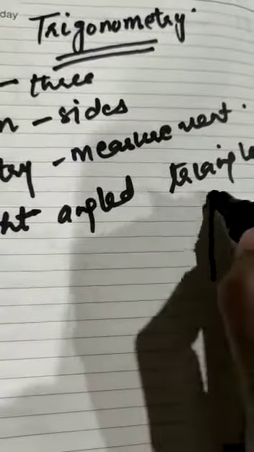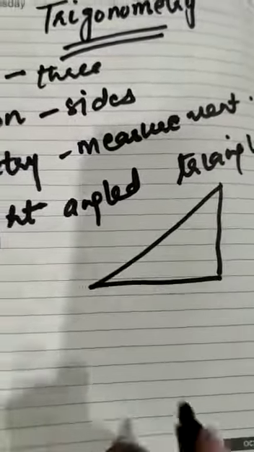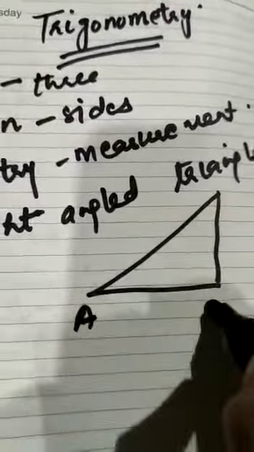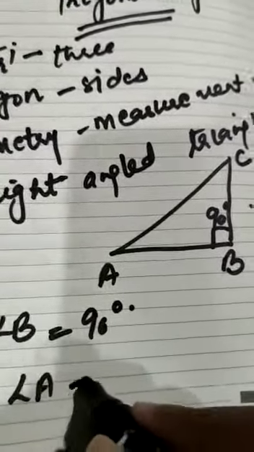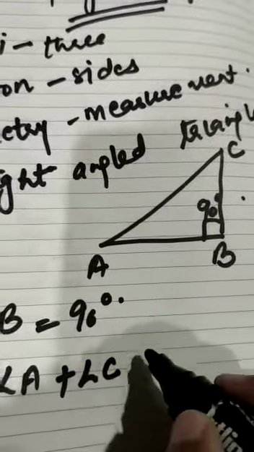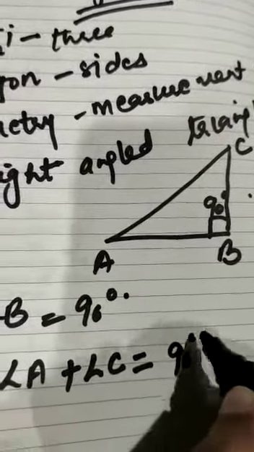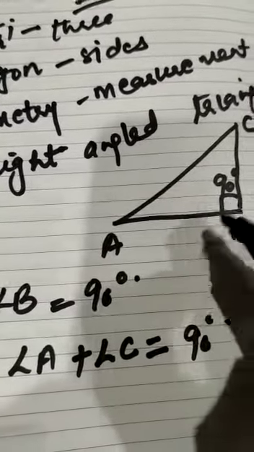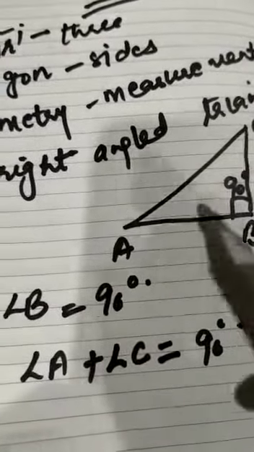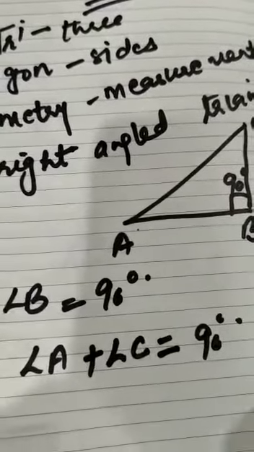Suppose you have been given this right angled triangle in which angle B is 90 degrees. If angle B is equal to 90 degrees, it means angle A plus angle C is also 90 degrees, because B is 90 and the total is 180, so the sum of A and C will also be 90.